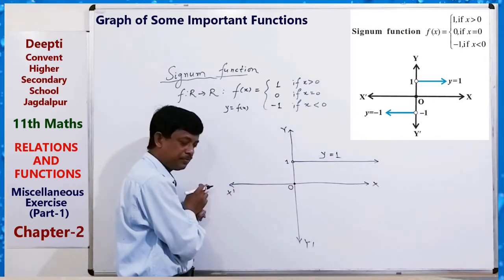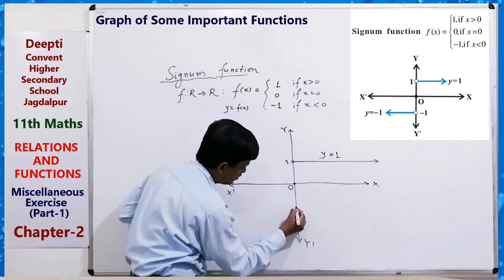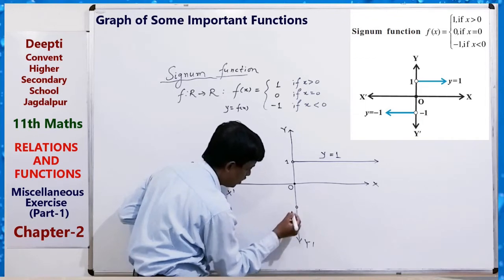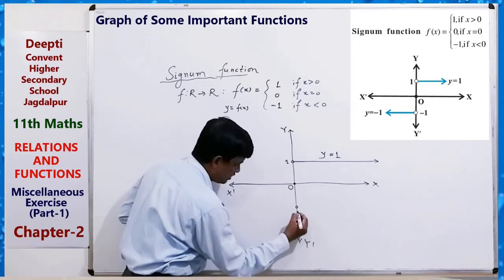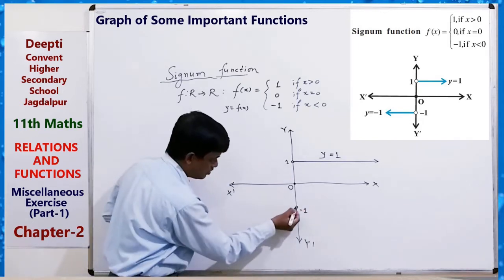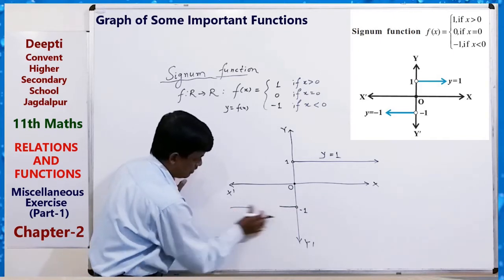The negative side is here. So, minus 1. Suppose here, minus 1, not at 0. The value of y is minus 1, showing like this.